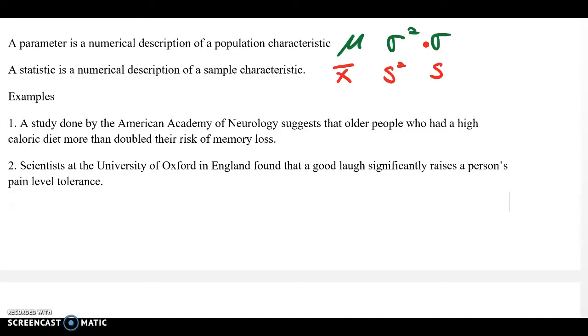The key point is that it shows a study. A study means one study out of other studies, so it can be part of the population. So this one describes a statistic.